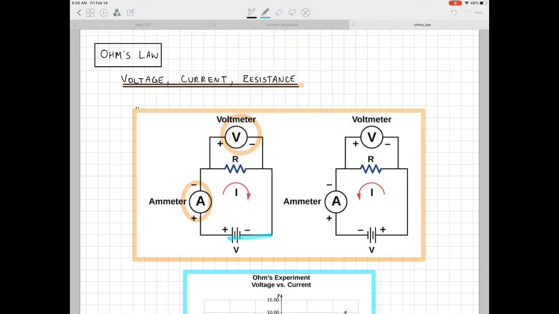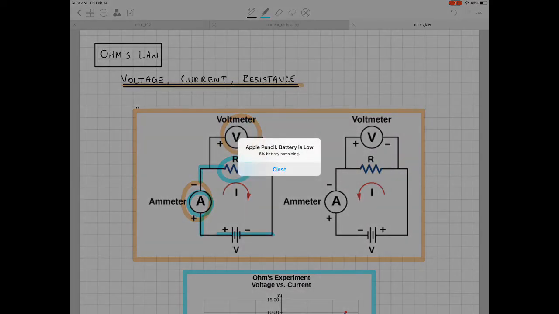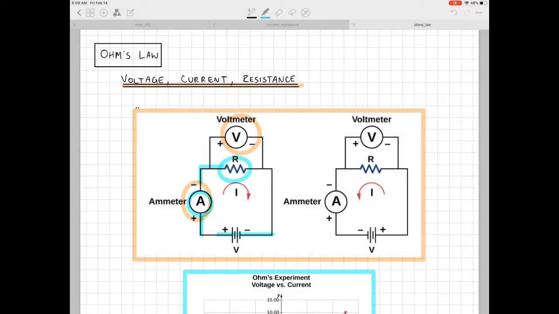Our circuit is one battery hooked up to one resistor. And so what you do is you insert the ammeter in series with those two elements. So in series, that means that the current that's going through the battery has to go through the ammeter before it then goes through the resistor. Right, so that's what we mean by series.